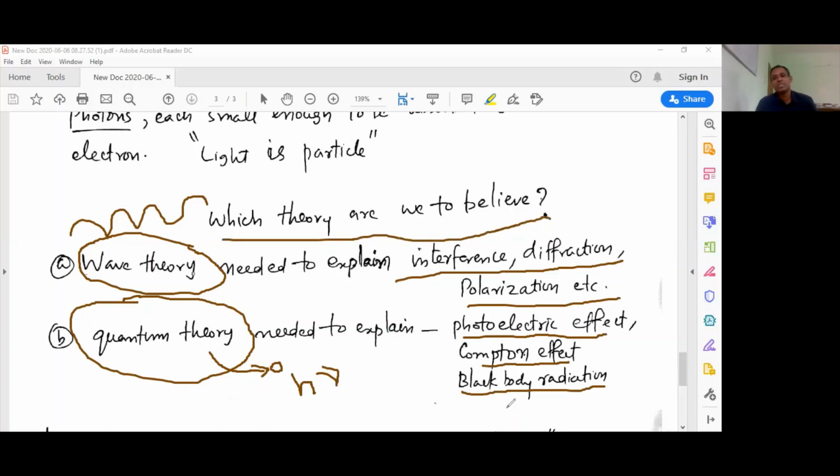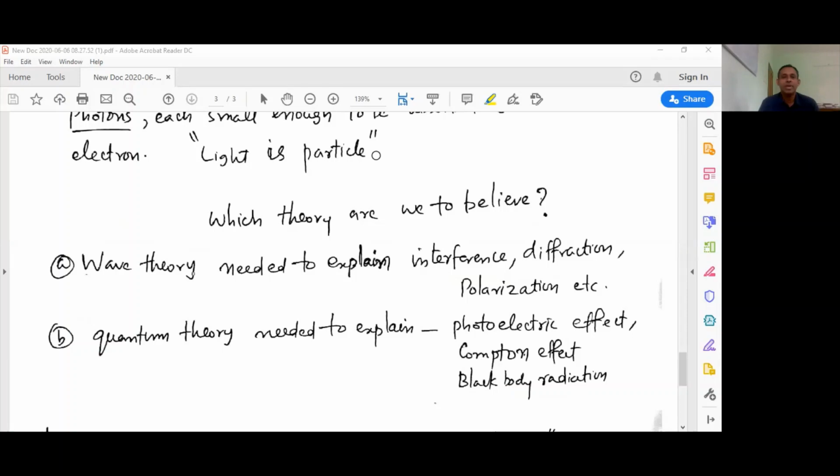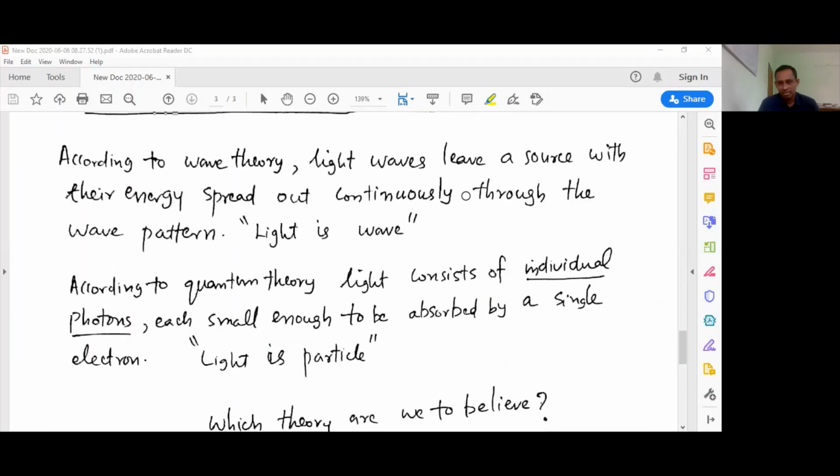Wave theory considers that the energy in light is spread out continuously through the wave pattern. That means light is a wave.